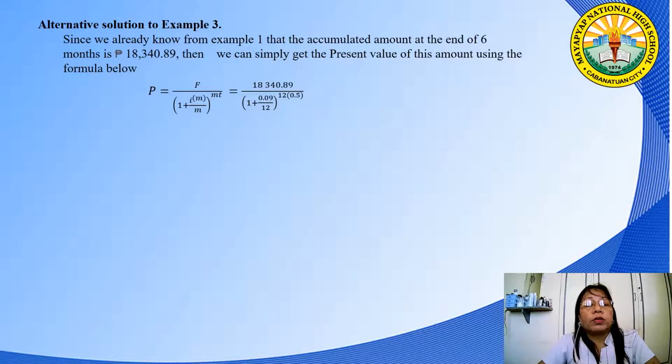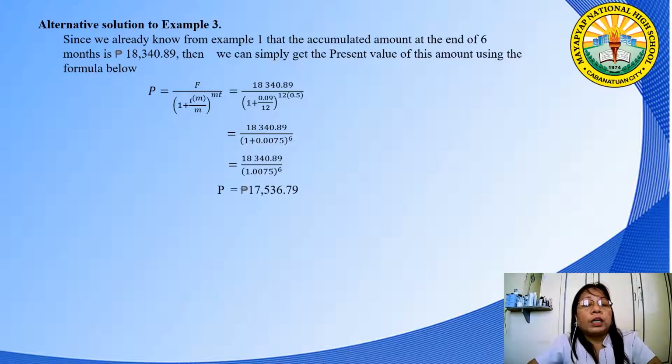By substitution, replacing F, the future value, with 18,340.89, over (1 plus 0.09 over 12) raised to 12 times 0.5. To simplify, P is equal to 18,340.89 divided by (1 plus 0.0075) raised to 6. Therefore, our P, or the present value, is 17,536.89.